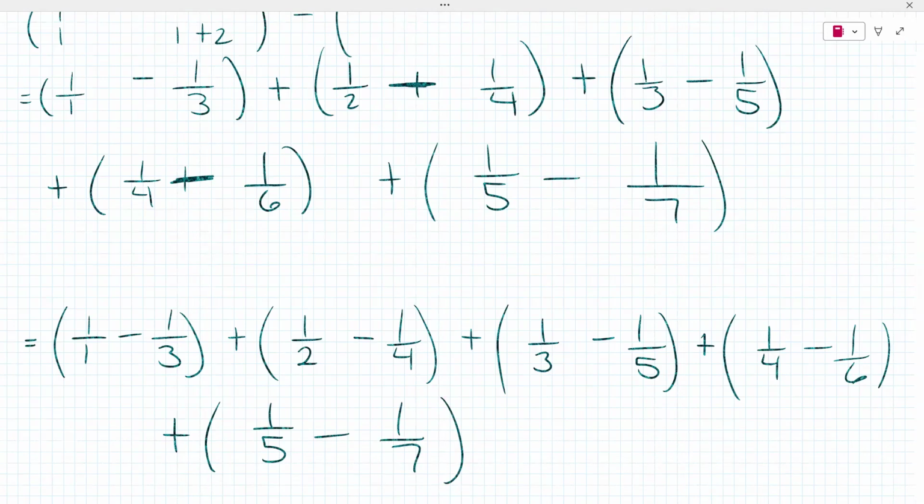If we keep on going forever, it starts to cancel. So your answer is what's left over. And what are you left over with?